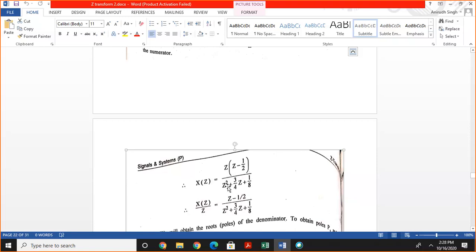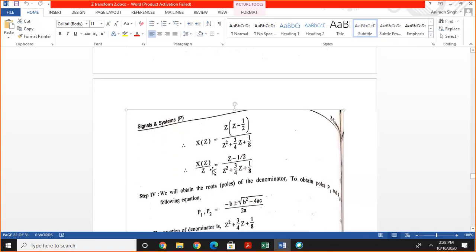In this case, we first find out X of z divided by z. X of z is given by this expression: z multiplied by z minus 2 divided by z square plus 3 by 4 z plus 1 by 8.